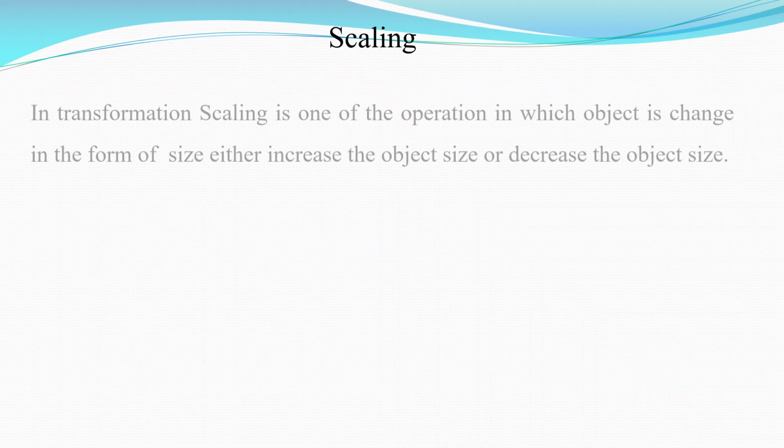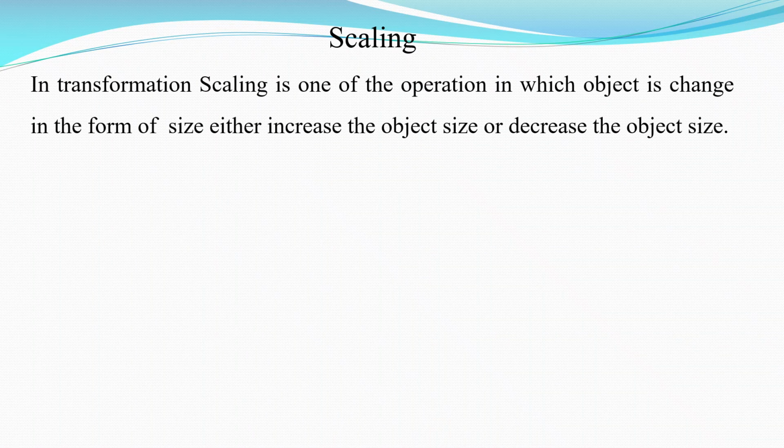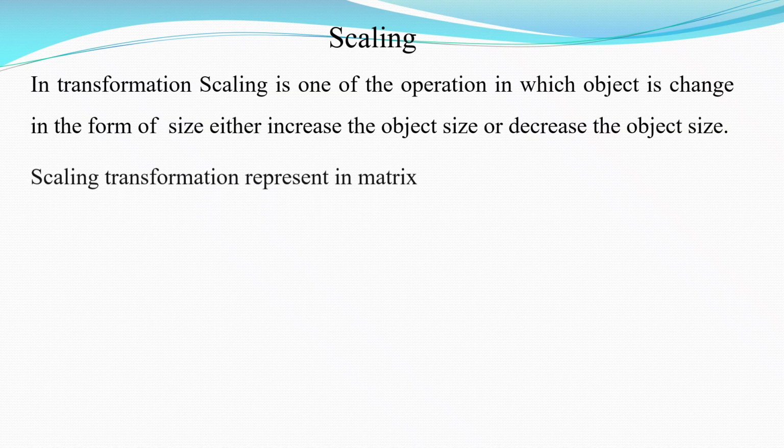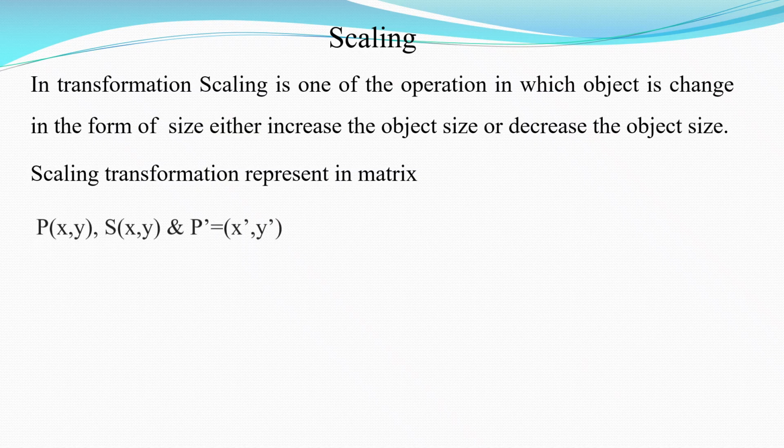What is scaling? Scaling is one of the transformation operations in which the size of an object is changed. Either you can increase the object size or you can decrease the object size. So how do we represent that in the scaling matrix?